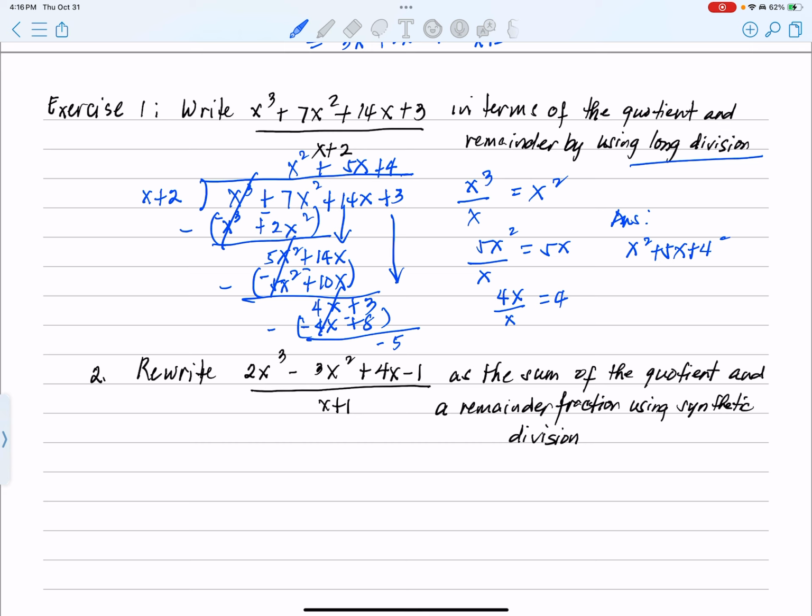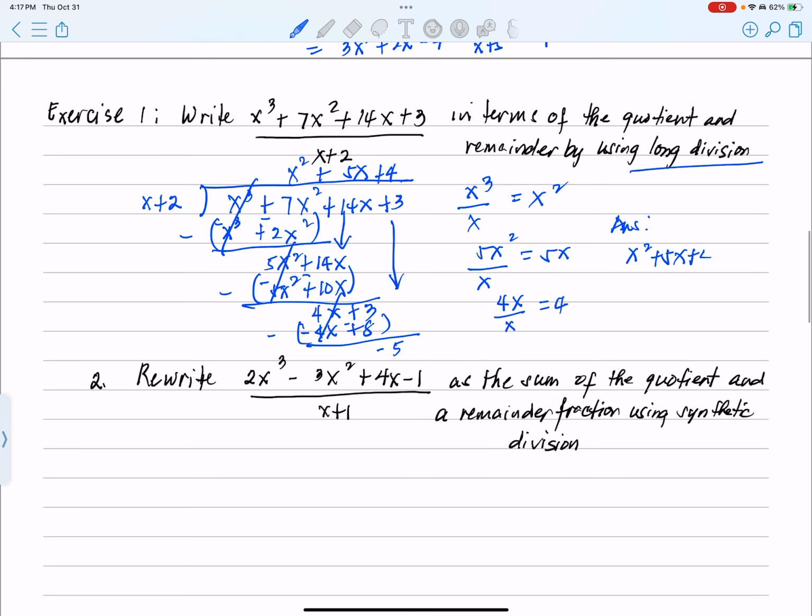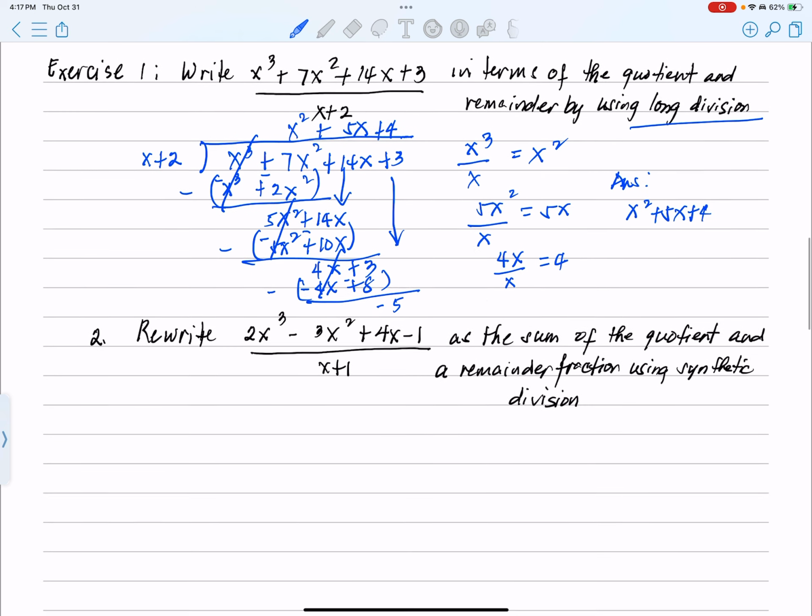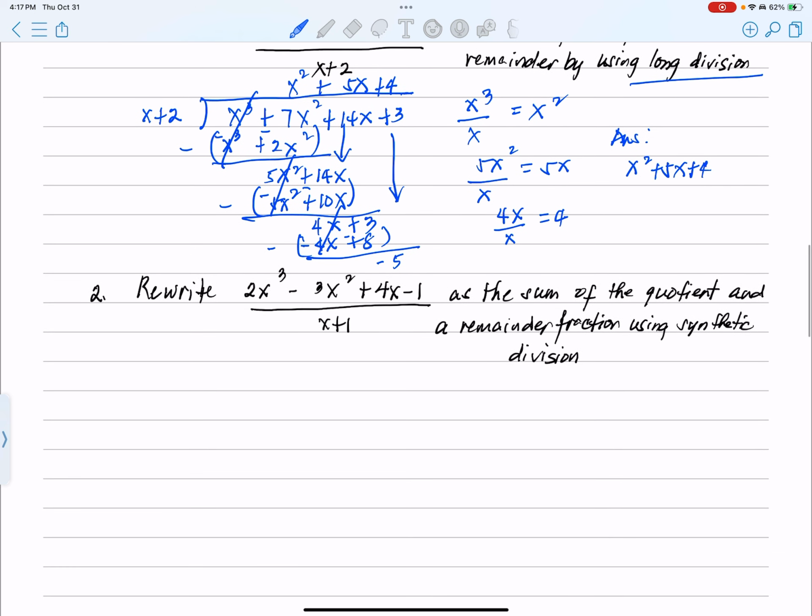Or you could say plus minus 5 over your divisor, x plus 2. You can have an answer like this. Or you could do directly like 4 minus 5 over x plus 2. You can have that.